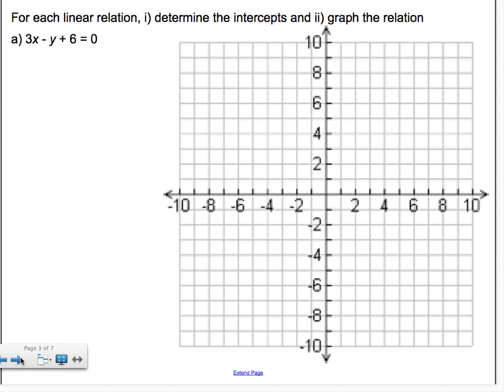Okay, so here we have a relation, 3x minus y plus 6. How do we know that this is a linear relation to begin with? Yeah, we could turn it into slope-intercept form. But what exactly are we looking at in particular? The variable x, and also y. What's the exponent of both of them? It's just 1. So this is how we know we have a linear relationship: we have two variables, and the exponent of both is just 1.